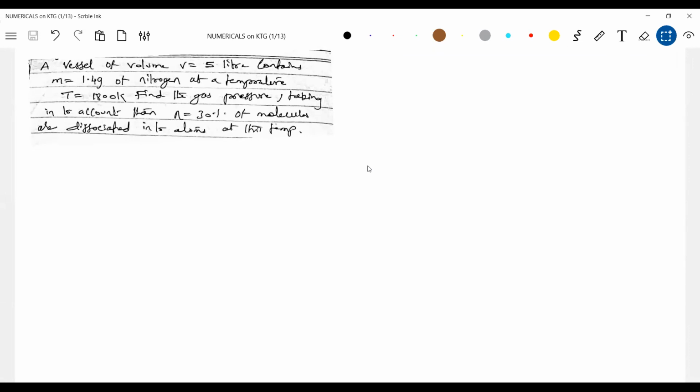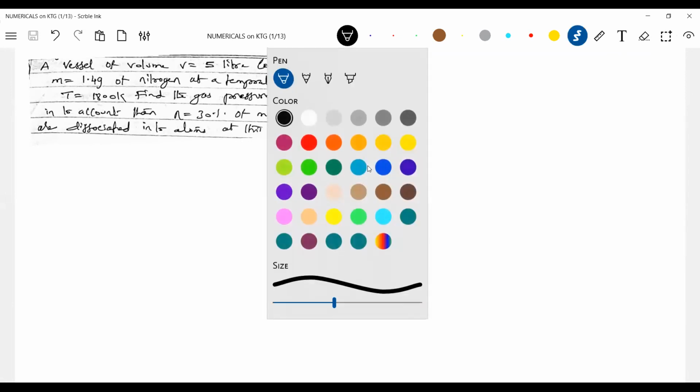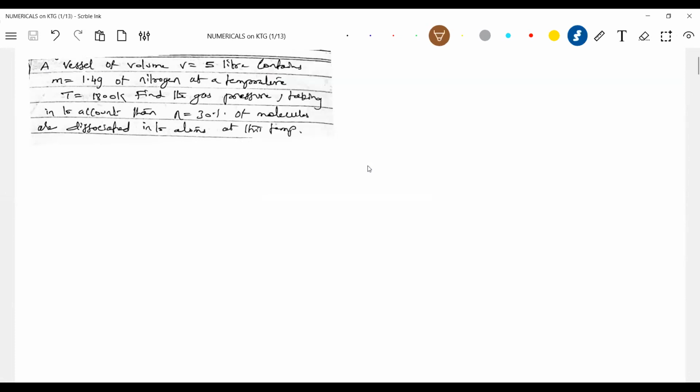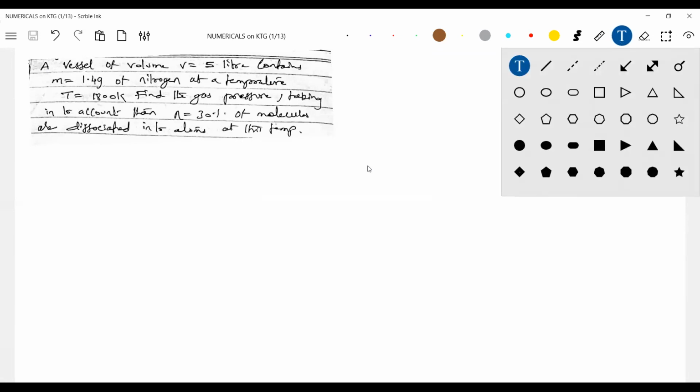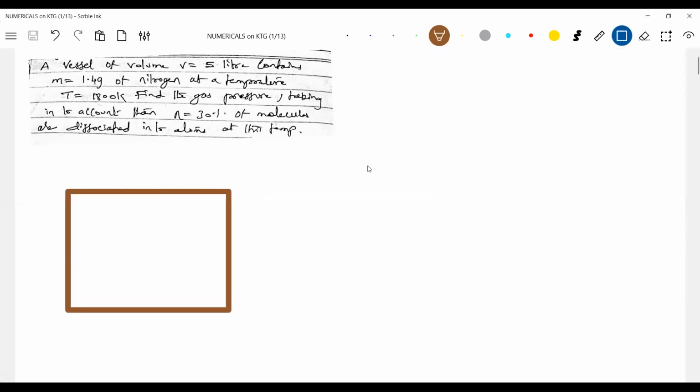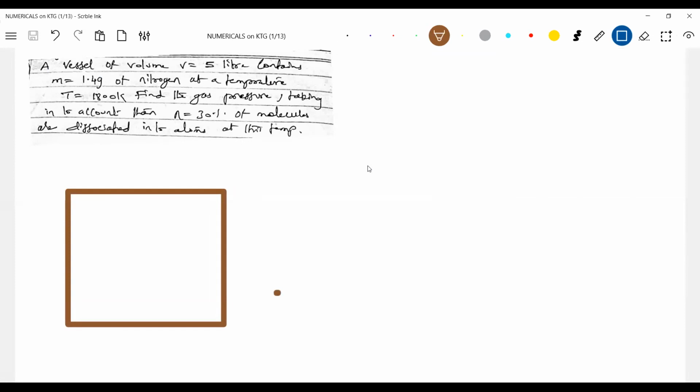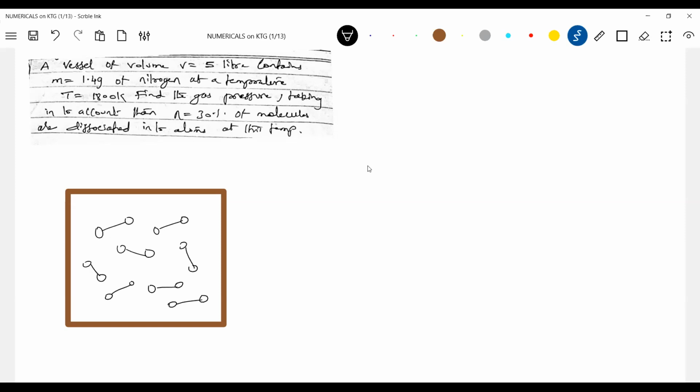Nitrogen is a diatomic gas. We do have a container. It's a diatomic gas. Let me give you an imagination of what you should have.